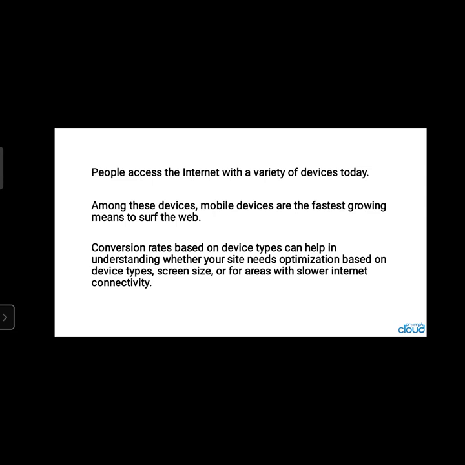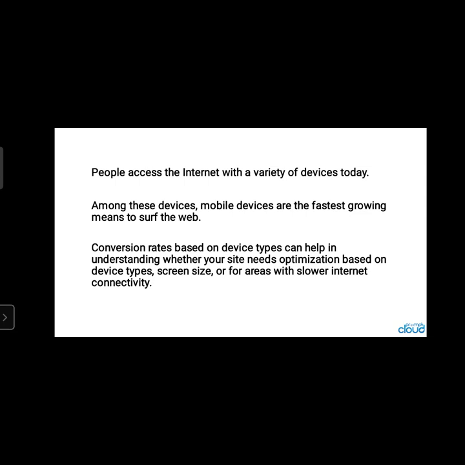What question I asked and what answer you gave? It is in the second sentence. You said mobile is the most user-friendly device, provided its internet speed, 3G, 4G, is as it is claimed. Now, conversion rates based on device types can help in understanding whether your site needs optimization based on device types, screen size, or for areas with slower internet connectivity.